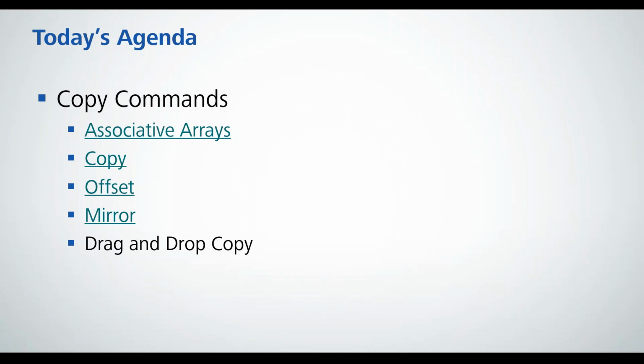All right, so today's agenda. This is going to be the rest of the slide deck, really, aside from the resources at the end that I'll point out. We are going to get straight to these commands that we'll be talking about, copy commands, okay? And it's not just copy that is a copy command. We have the array command that allows us to copy objects.